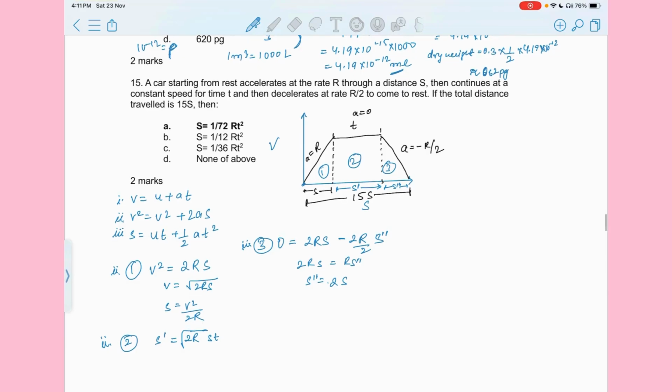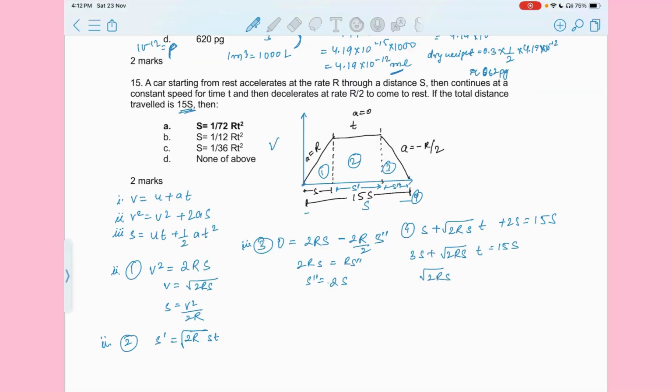I am equating all three for the total. Let's say this is our fourth scenario, that s plus under root 2rs into t plus 2s is equal to 15s, as it's given. This will become 3s plus under root 2rs t is equal to 15s.